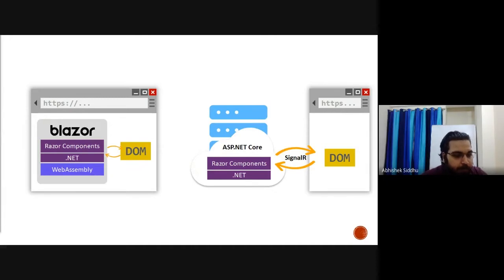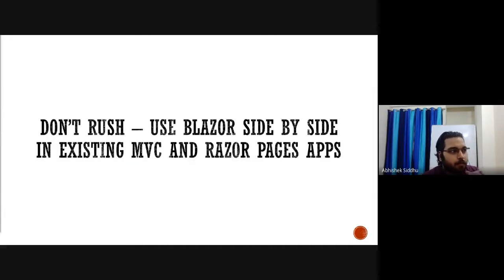So everything is good, but the first thing that comes to mind for a big application is, what's the migration path? We cannot just go all in on a framework which has just launched.